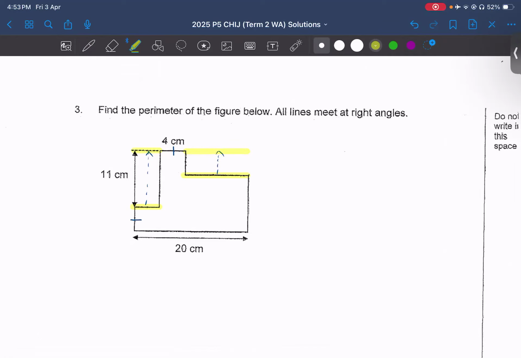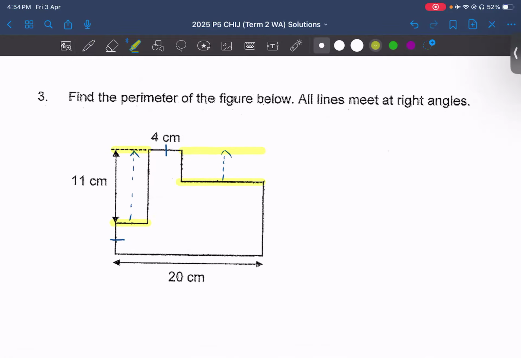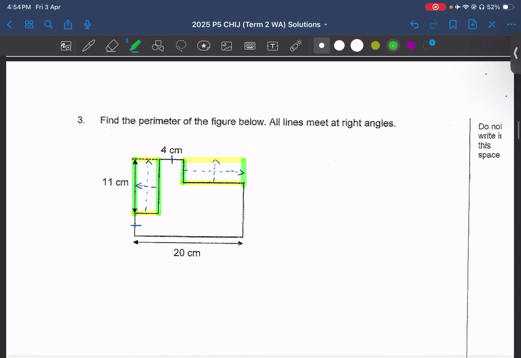So this kind of forms the length of the rectangle, which is 20 centimeters. And then for the side as well, this portion here, we can actually shift it upwards to here. And this portion here, we can also shift it upwards to form an entire rectangle.